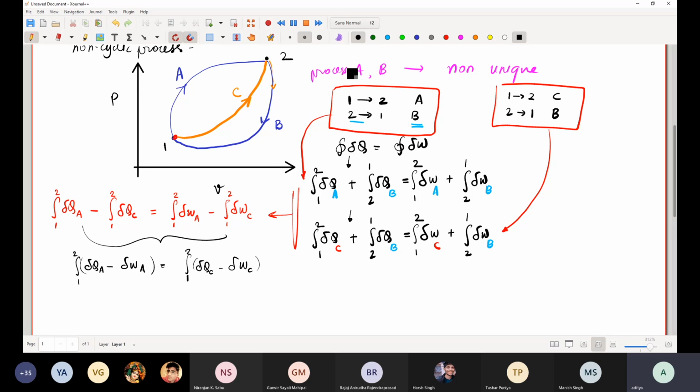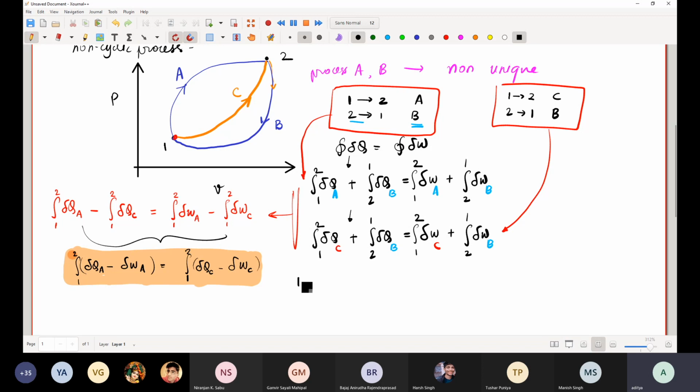And this is quite profound in the sense that it says that in going from process 1 to 2, the work done and the heat transfers are obviously different.